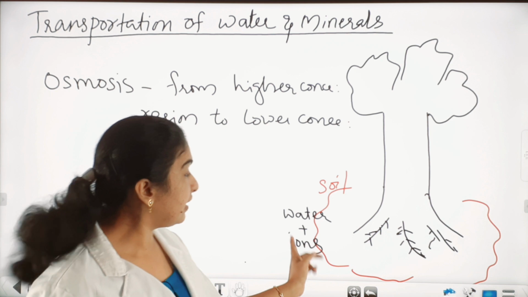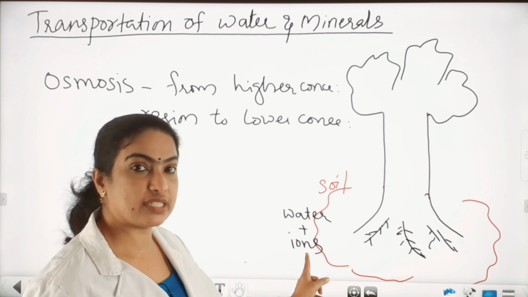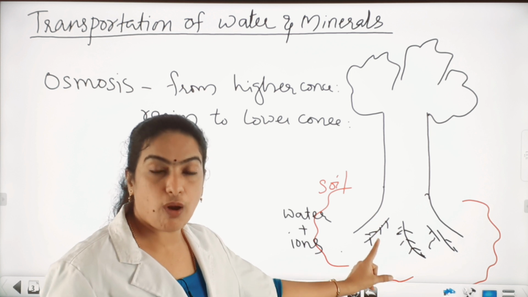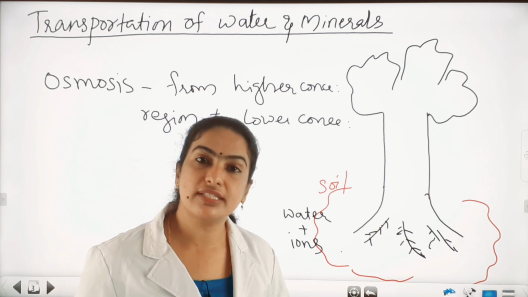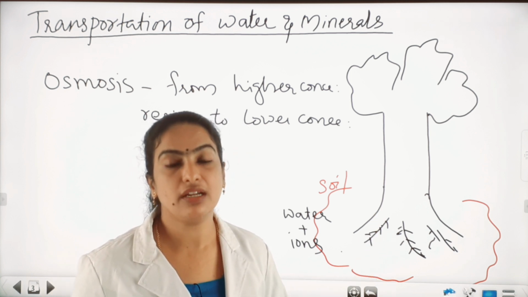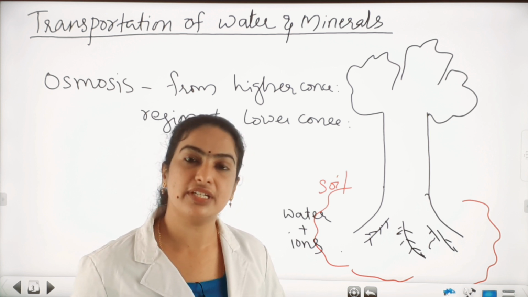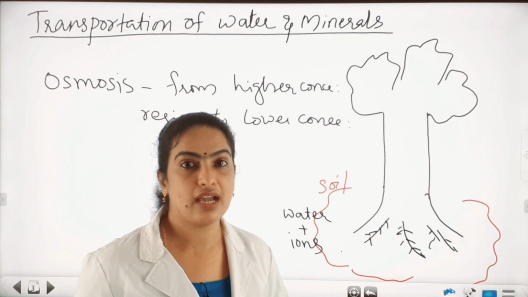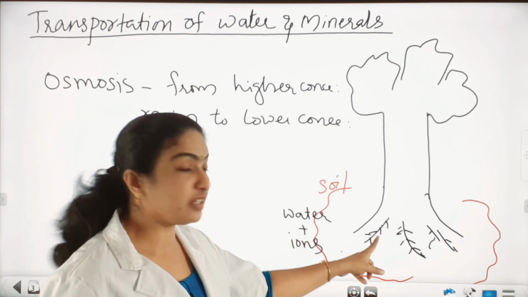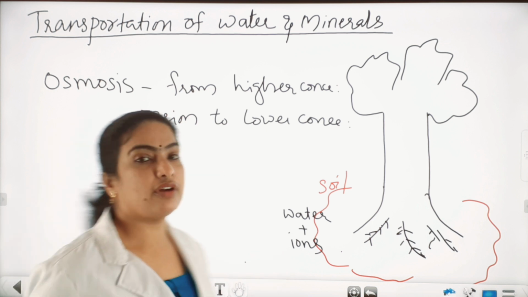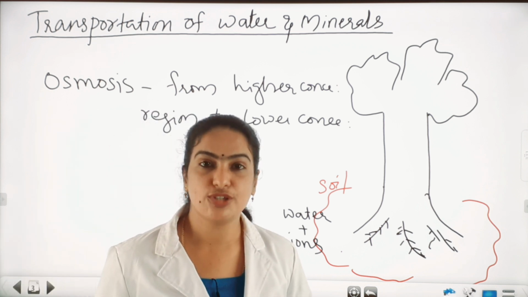Before that, there is a transportation of ions from the soil to roots. So that causes a difference in the concentration of ions between roots and the soil. So to eliminate such a difference, water enters into the root cells from the soil by the process of osmosis. Is it clear?